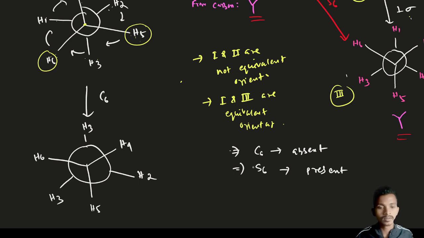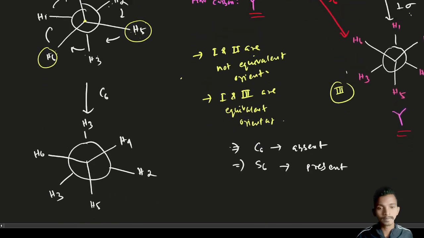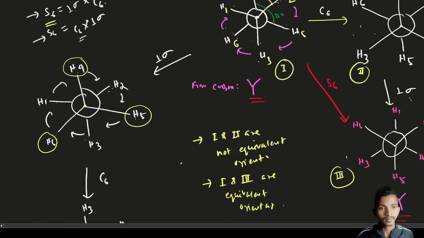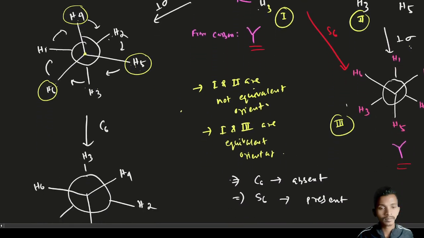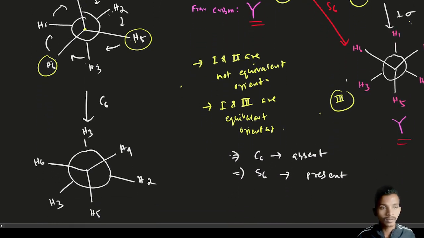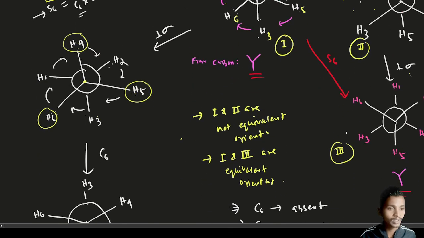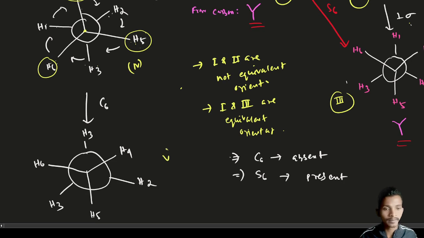So if you look at the molecules, this is 1, this is 2 and this is 3, this is I write 4 and this is I write 5.